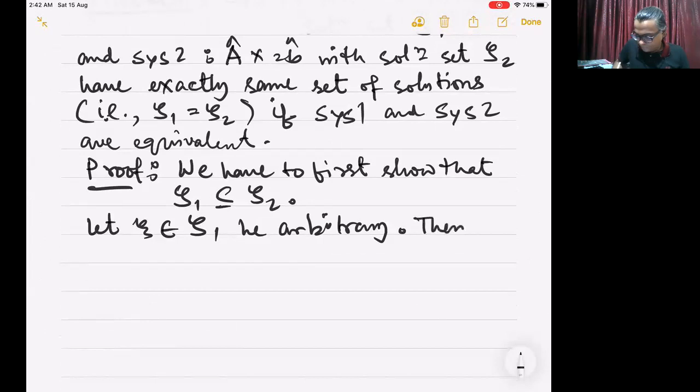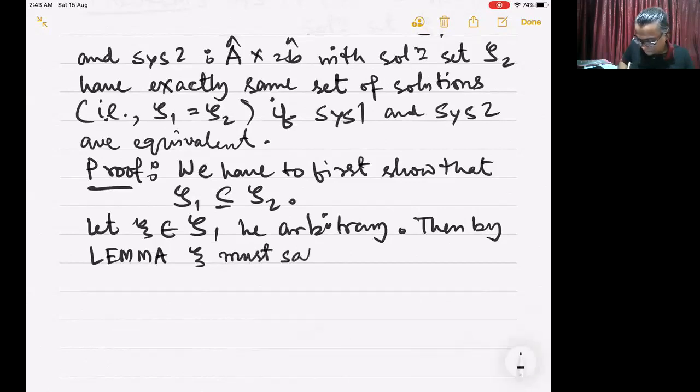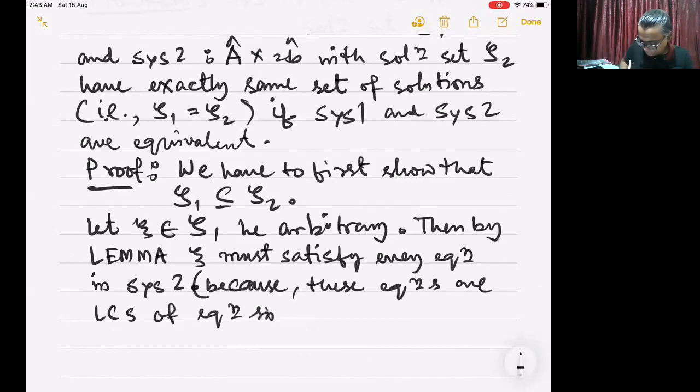Then by our lemma, Xi must satisfy every equation in system 2 because these equations are linear combinations of equations in system 1, right?